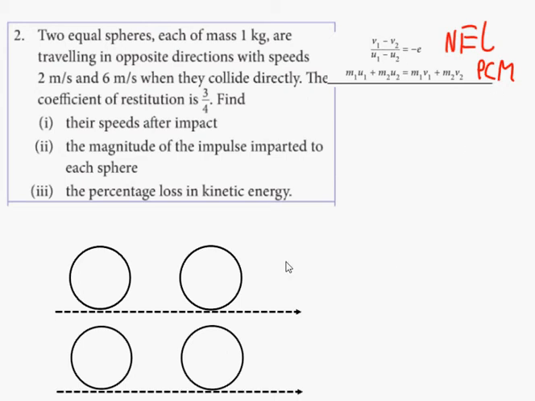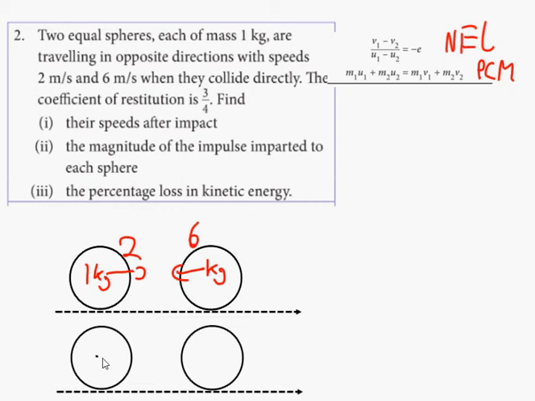So we're just going to put in our numbers now. This one's going at 2, this one's going at 6, and that's 1 kg and 1 kg. After the collision, we don't know any speeds after impact, so there's a choice of what could happen.